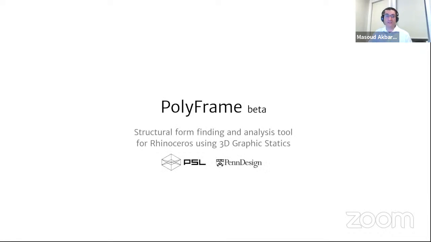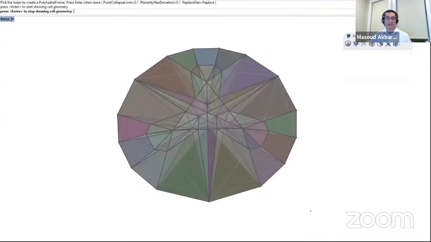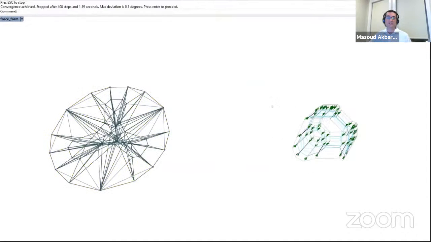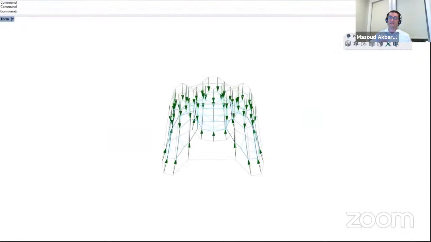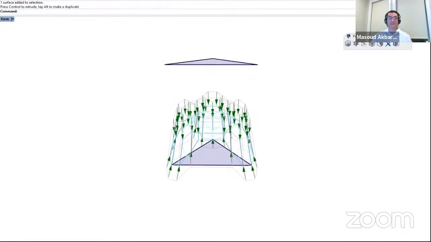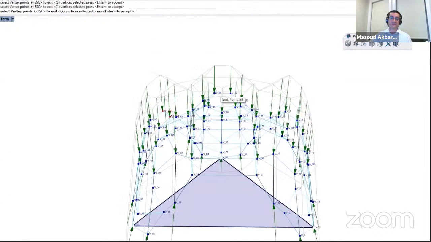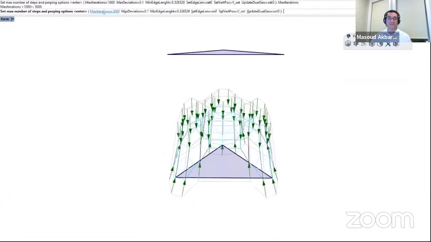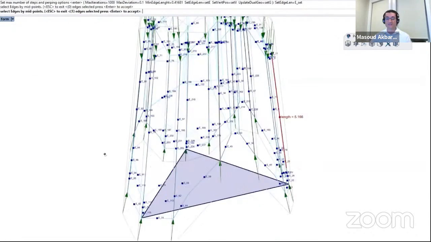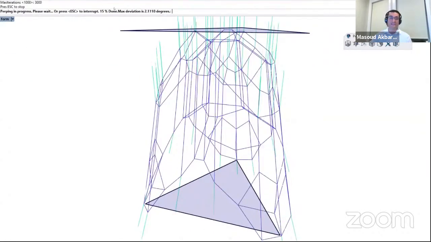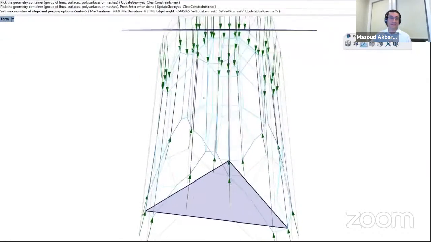But this is basically showing how the students are playing with this tool. So you always start from a series of planar faces that are put together. You don't have to know how many closed polyhedral cells you're making. Basically, the software finds all those closed polyhedral forces and extracts these funicular structural forms for you, that you can then play with, constrain to a geometric object, and manipulate, push and pull.